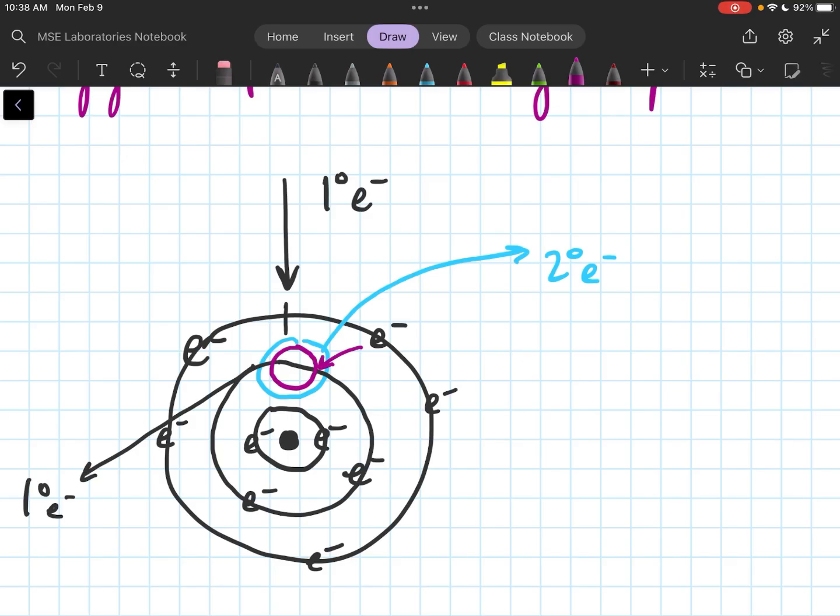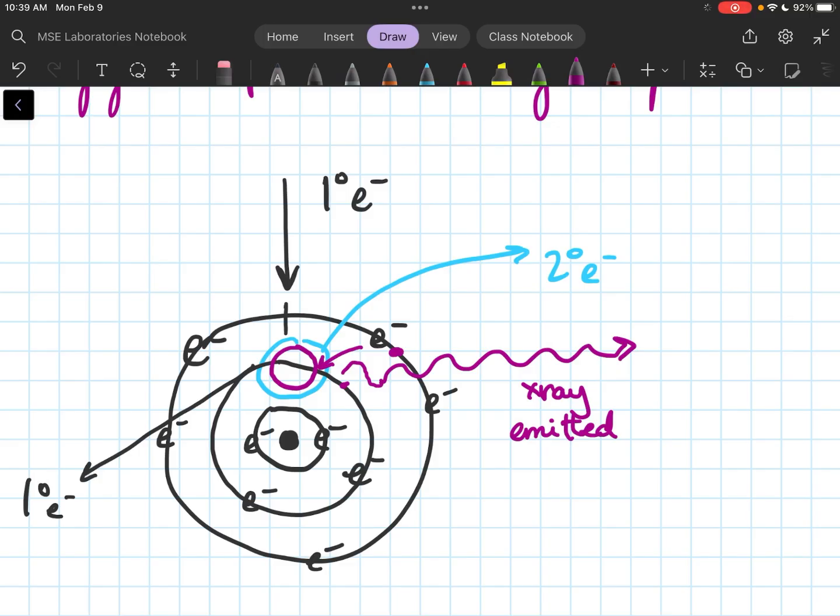And on this scale, the space between this orbital and that orbital, it's going to emit an X-ray. X-ray is a type of light. So it's not something our eyeballs are going to see, but it is going to happen. And that is happening because that electron really does prefer to be in the inner circle.